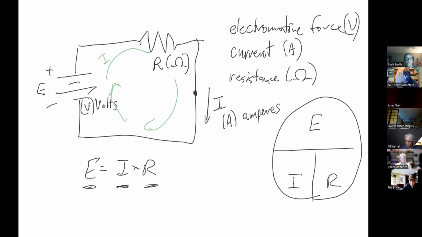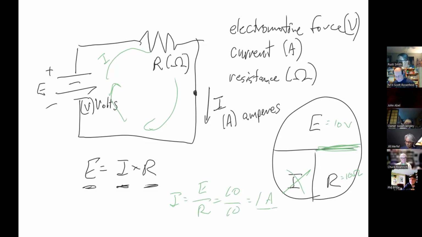And if I have a voltage of, let's say, 10 volts, and I have a resistance of 10 ohms, well, I don't know my current. I is equal to E over R, which is 10 over 10, is equal to 1. And the unit is amps. So that's my current, 1 ampere.